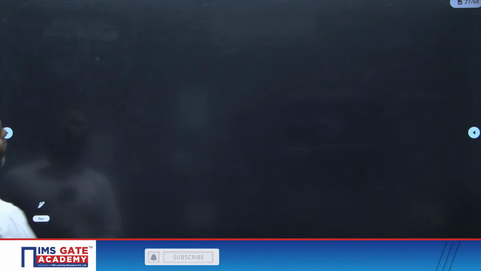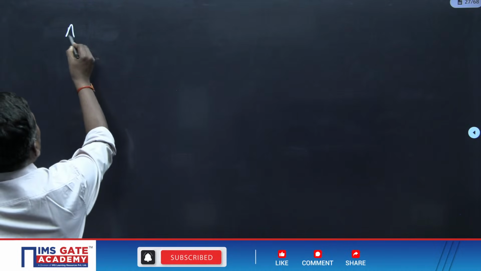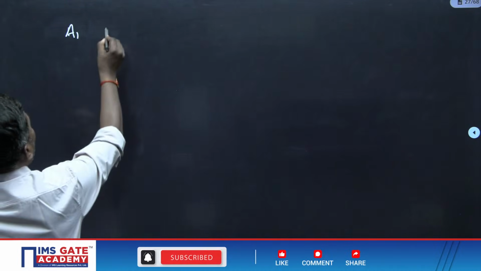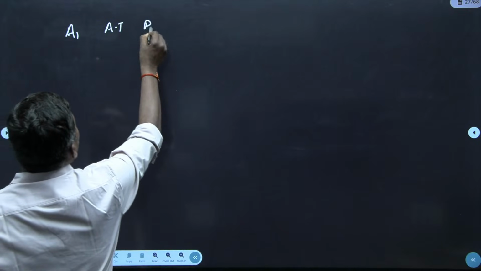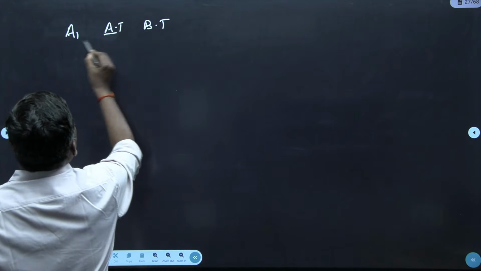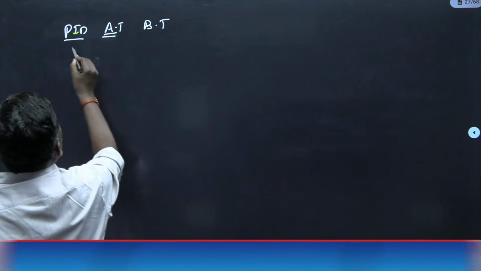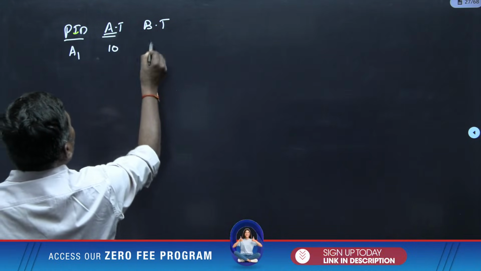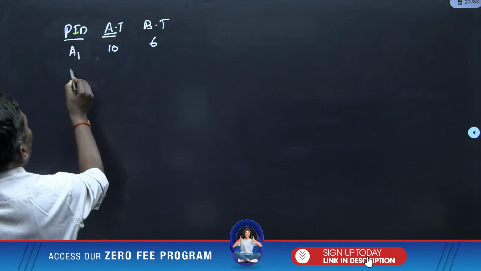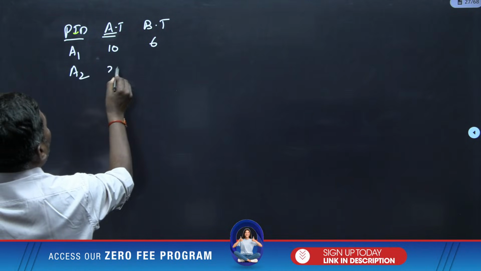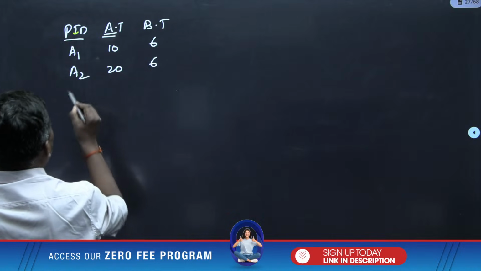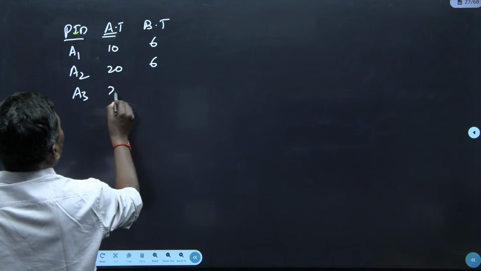So if I write it, what happens now? Process ID, arrival time and burst time. A1 comes at 10, burst time 6. So A2 will come at 20, burst time 6 only. A3 comes at 30.